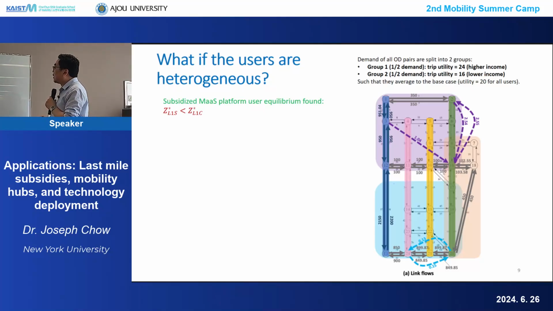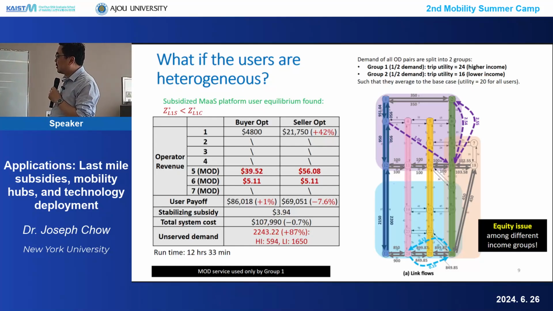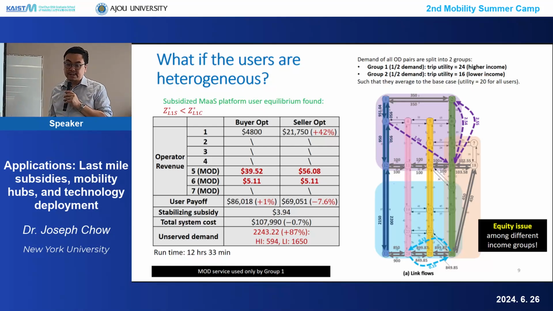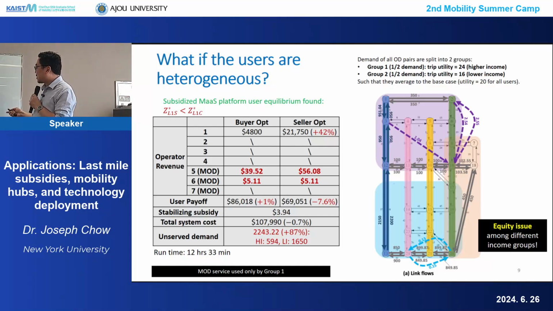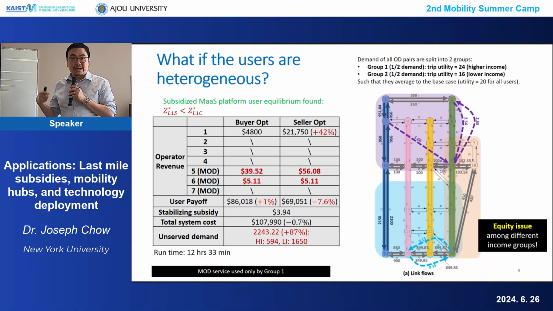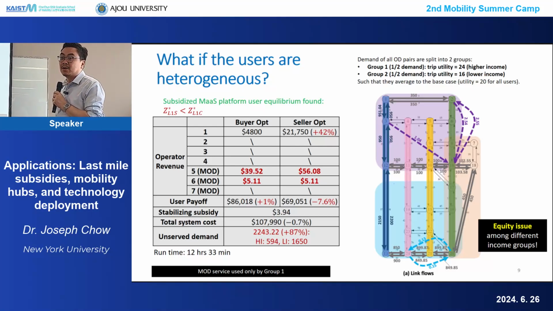And what we see is that in this case, it looks a little bit similar to the earlier case, but now, compared to the base case, there's a few added MOD services for operator 5 and 6. The interesting thing, though, is that all the services being provided in the MOD are essentially serving only the higher income group, and the lower income group misses out on all these benefits.